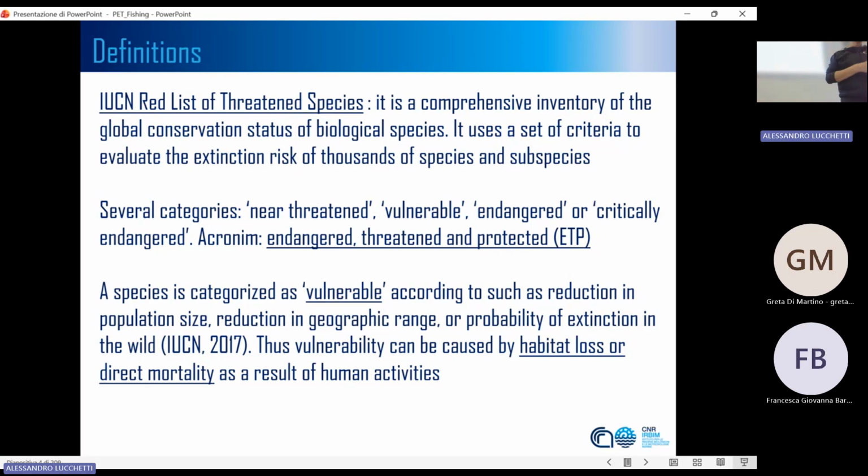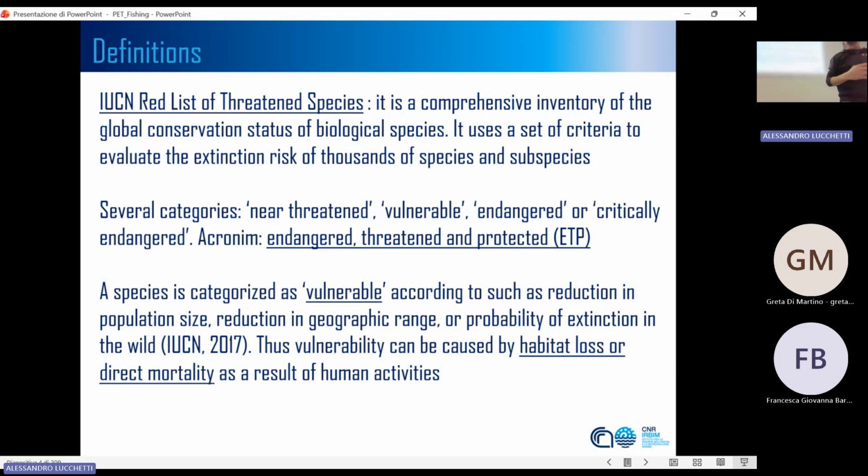So a species can have a different categorization, from less dangerous to endangered, until protected, according to different criteria. If you go to the IUCN website, you can find everything.